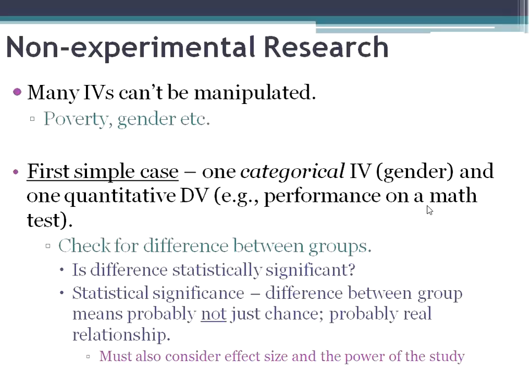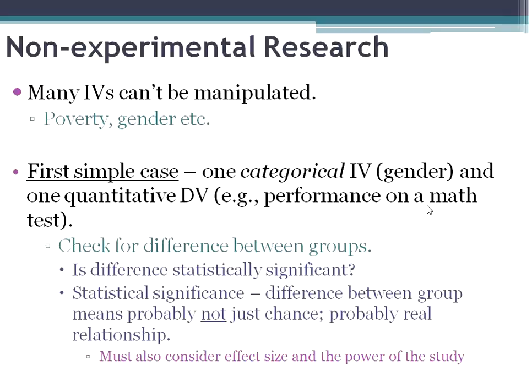Now, let's say we did this study, so we had a survey, we asked people their gender, we gave them some math questions to answer, and we asked the question, is there a statistical significance between the groups? And let's say we found that there was a significant difference between the groups.